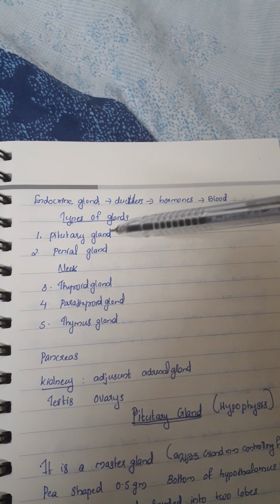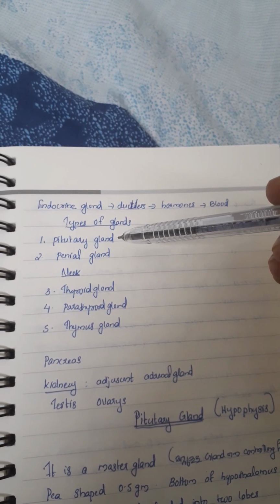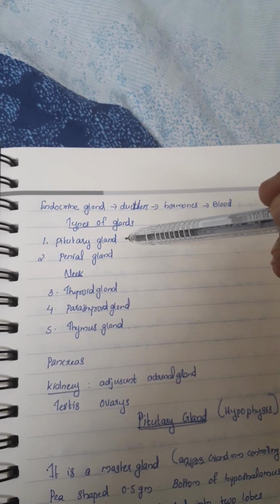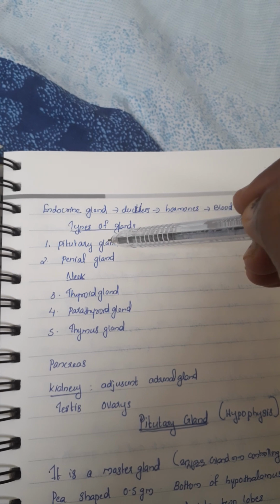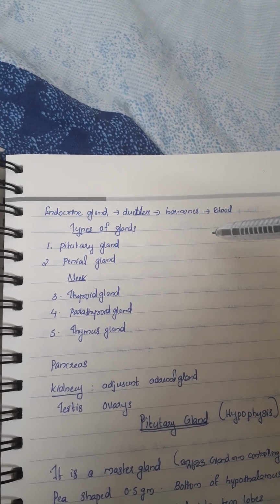First we are discussing the pituitary gland. The pituitary gland can be seen in our head. It is known as the master gland. Why? It regulates all other glands.